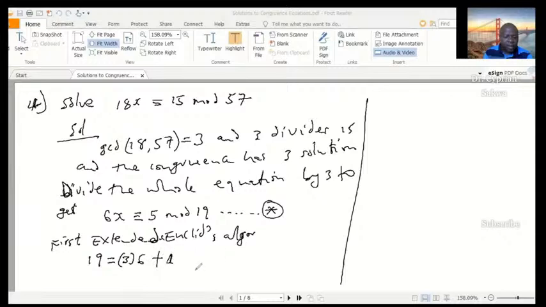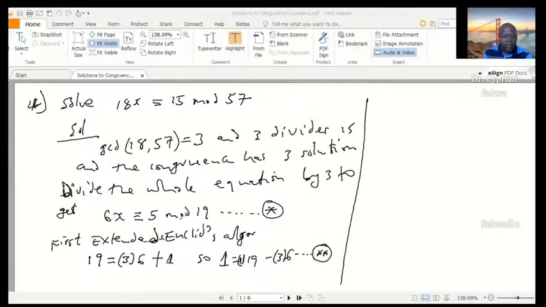The GCD is 1, so we can reverse this and say 1 equals 19, of course multiplied by 1, minus 3 times 6. Let me call this one double star.